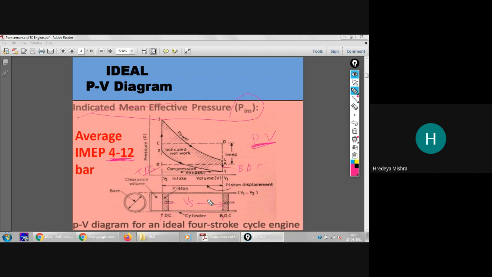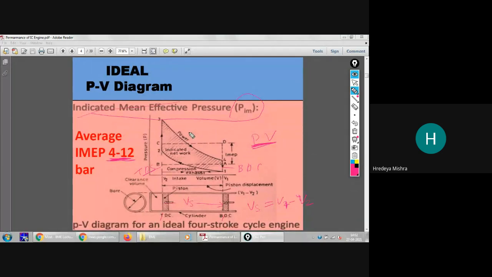If at the top dead center the volume is V2 and at the bottom dead center the volume is V1, then Vs, the swept volume, is V1 minus V2. And this area is our work done.